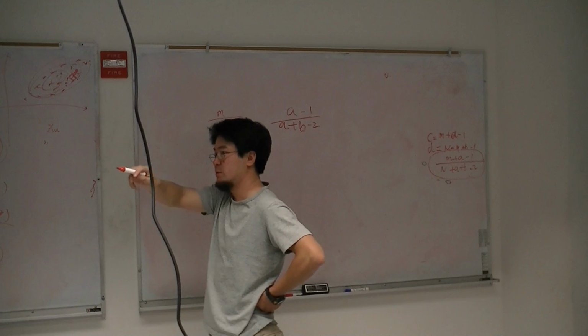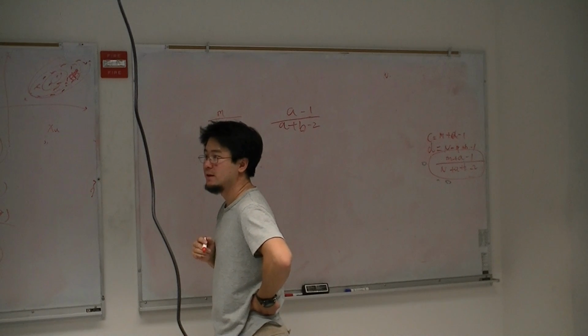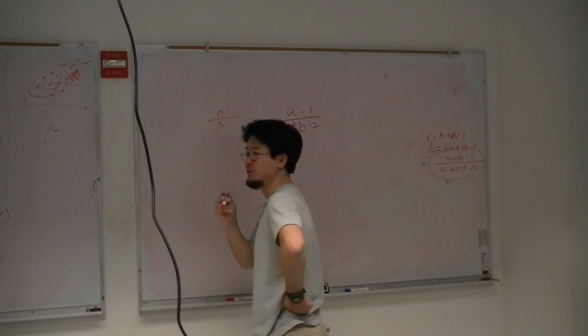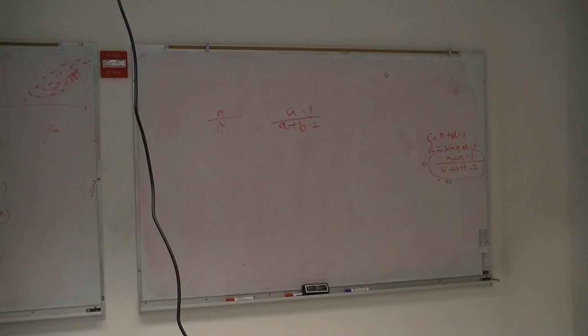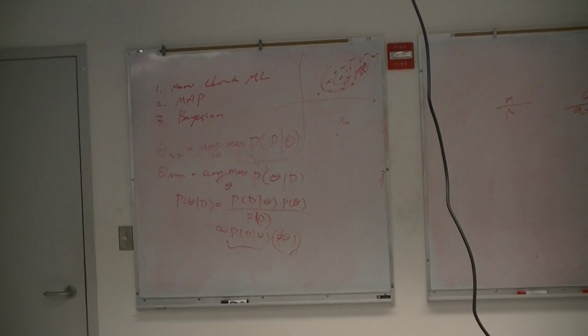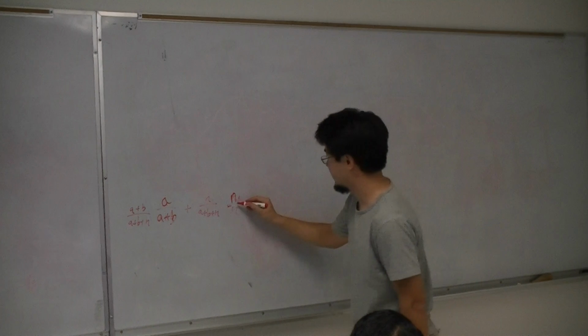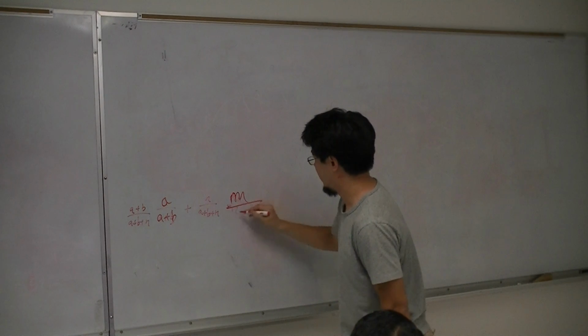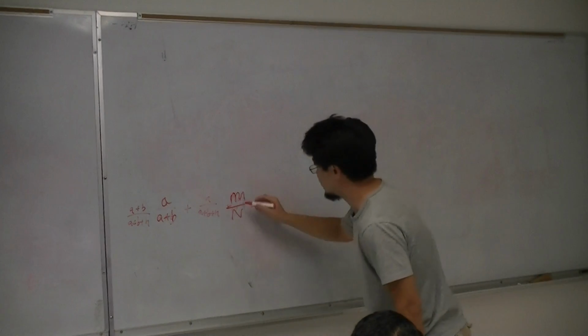I wrote that derivation there just in case I can't remember. I just explained this form. This is the prior, A and B. This is M here, and this is n. I'll write it this way.